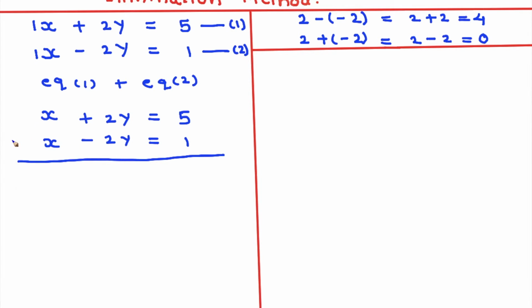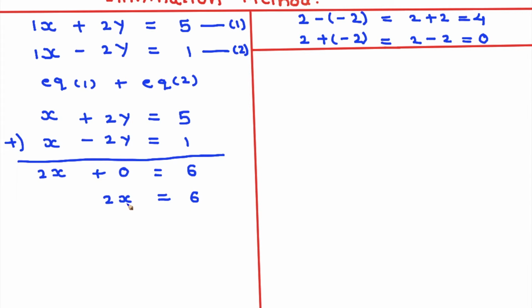Now when we are adding, we'll write plus here. x plus x gives me 2x, and 2y minus 2y, when we add them, they cancel out. Actually it gives me 0, which is equal to 5 plus 1, which is 6. So therefore we got 2x equal to 6.